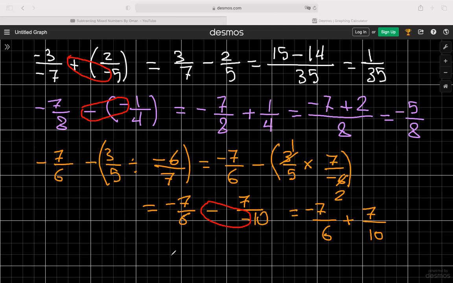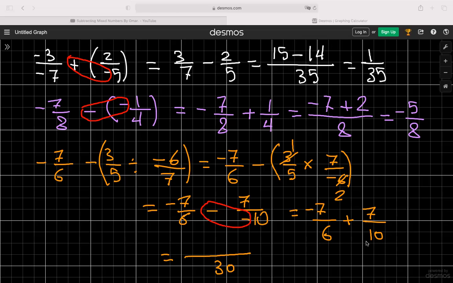The common denominator here, I'm just going to carry this right here. The common denominator is 30, because when finding the common denominator, don't just multiply the 10 and the 6, because that's a common denominator, but it's not the least common denominator. So if you want to find the least common denominator, you look at the big number, see if the 6 goes into it. If it's not, then you go ahead and find the next multiple of 10, which is 20.